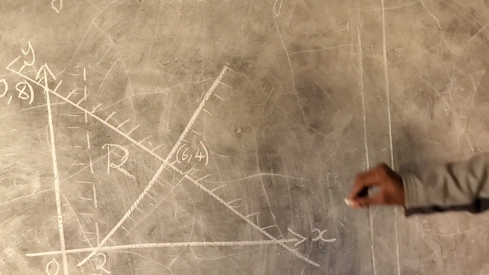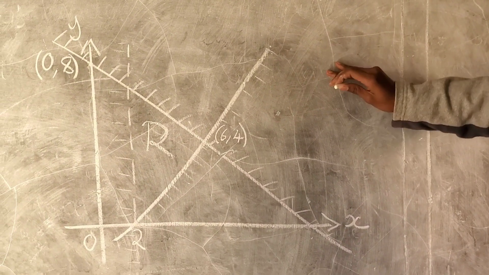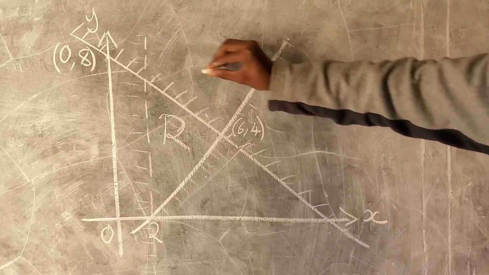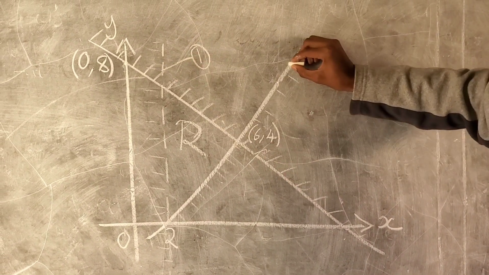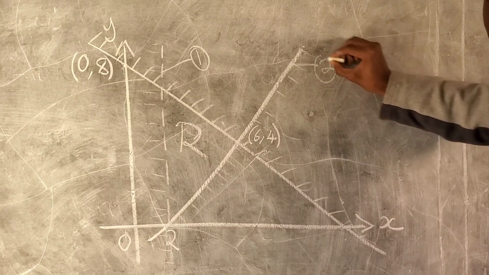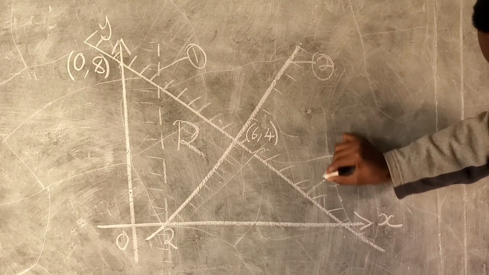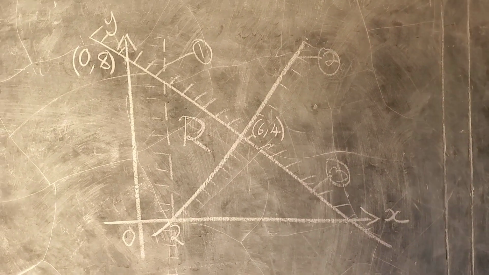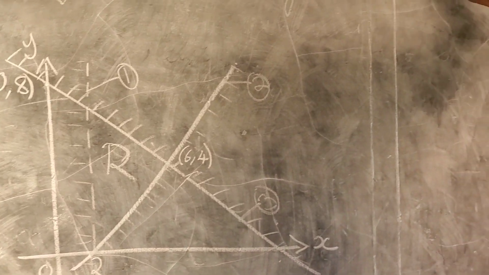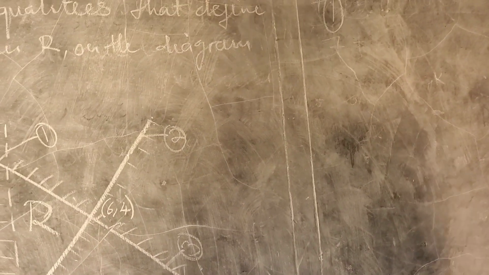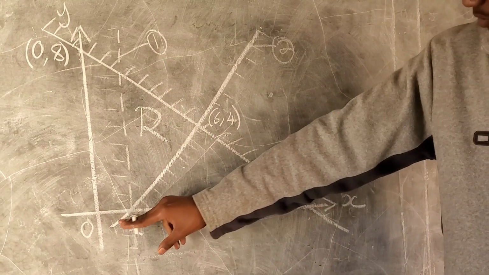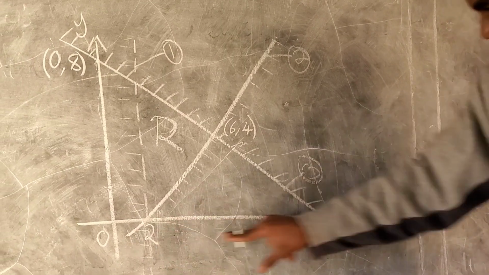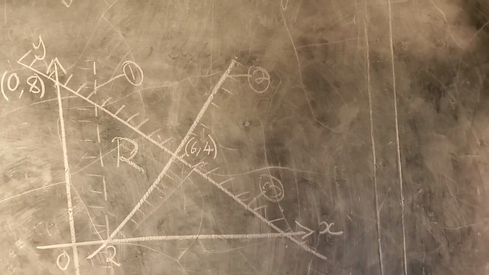But first, we need to name the lines. I'm sure you know lines like this should be first to save time. And this one can be our second one, while this is our third. Now we're going to start with line 1. This one should be first because it's cutting through the x-axis.